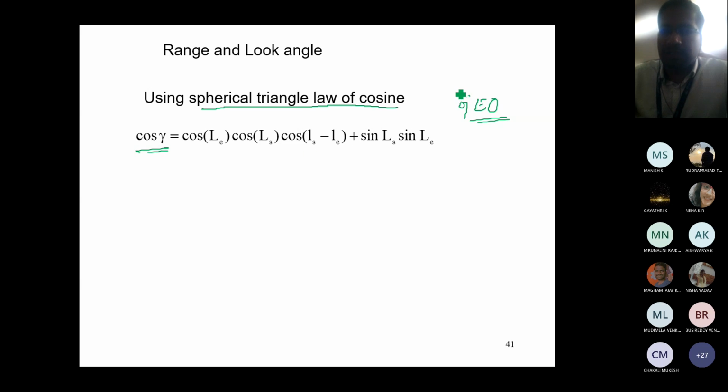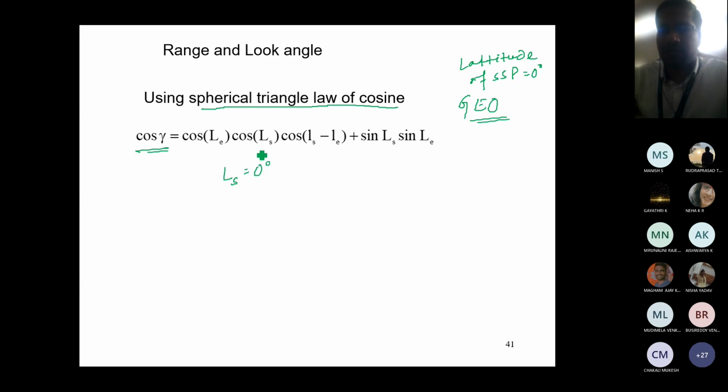That means the latitude of the sub-satellite point is 0 degree. All right. So what is known? LS is equal to 0 degree.